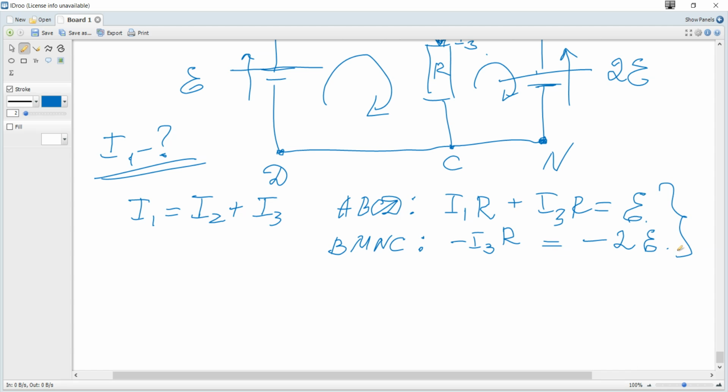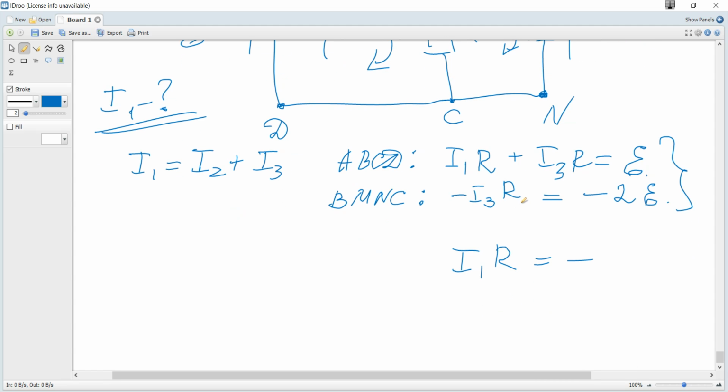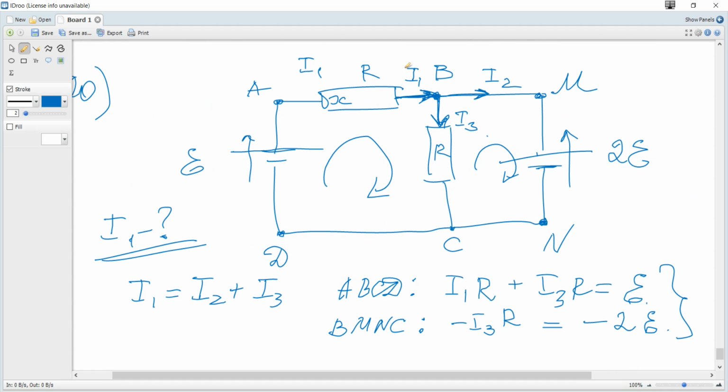And now we can consider it as simultaneous equations, and if we add both sides, we get just I1R is equal to what? Minus E. What does this minus mean? It means that the actual direction of the current is opposite to our assumed direction.